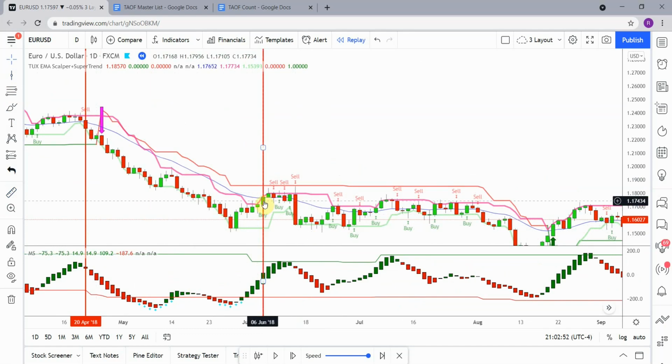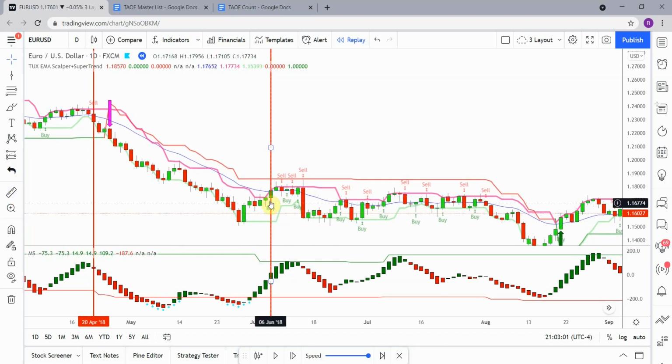So right here is a buy. We get a buy signal on the Tux EMA and a green candle that goes with it. Our stop would be 10 pips below this candle as it forms, and we'd be looking to exit this trade when a red candle takes place, or if we were to get stopped out or get a signal flipped in the opposite direction.